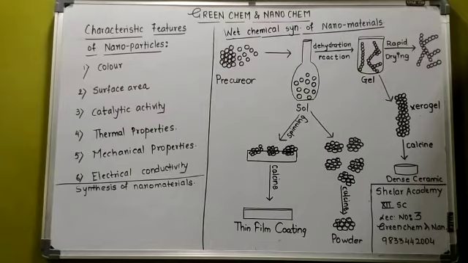Now, the sol gel process is based on the inorganic polymerization reaction. It's generally carried out at room temperature and includes 4 steps: hydrolysis, polycondensation, drying, and thermal decomposition. This method is widely employed to prepare oxide materials.